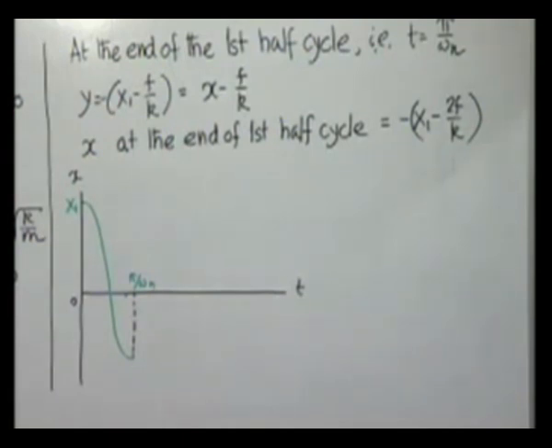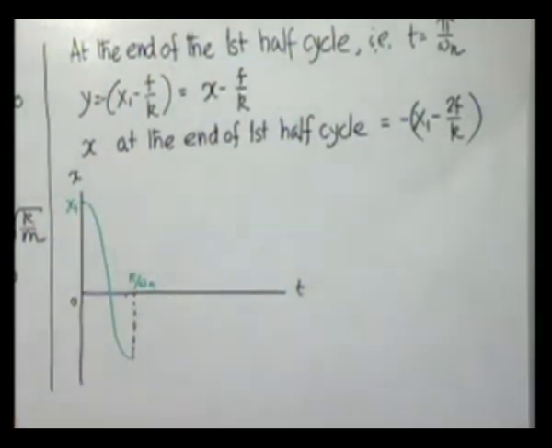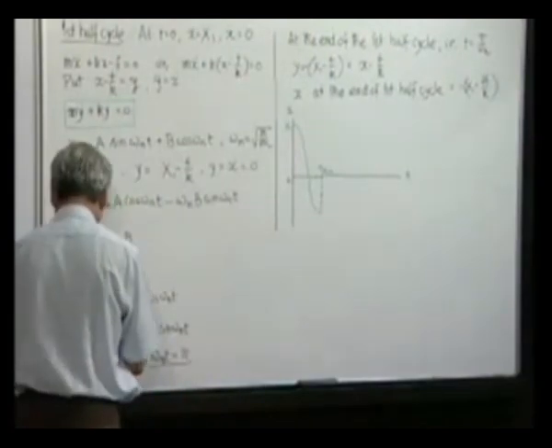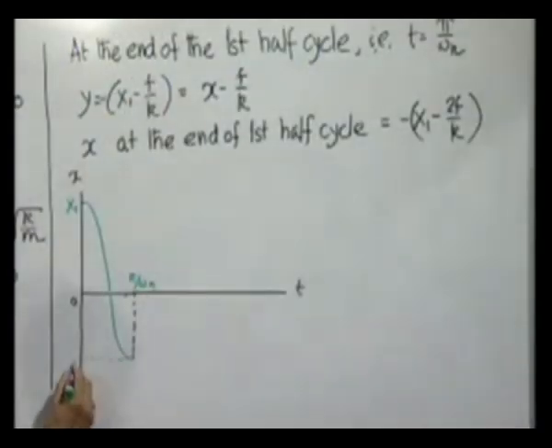So the first half cycle is over. All along x was decreasing, that is why x dot is negative. But the peak amplitude we had at the beginning, which was x1, now this is less than that. How much is this? It is x1 minus 2f by k, but the whole thing is negative.